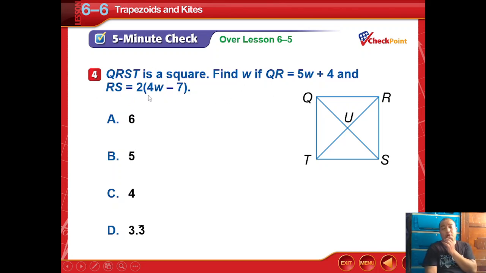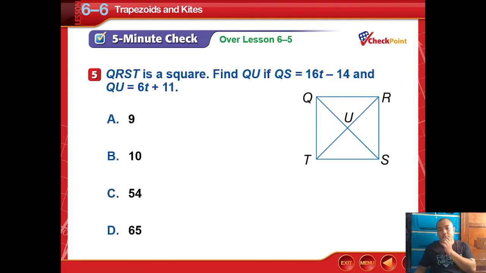So RS becomes 8w minus 14 equals 5w plus 4. 8w minus 5w is 3w, then 4 plus 14 is 18. 18 divided by 3 is 6. Correct, 6.